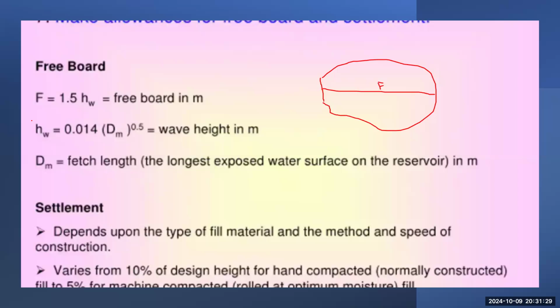You are familiar with the terms consolidation and settlement in geotechnical engineering. When this earthen embankment is constructed, in due course of time, consolidation and settlement is possible. In order to tackle this, the extra height is provided. These are the two guidance values: for hand compacted, 10% additional height should be considered, and for machine compacted, 5% additional height of the embankment.